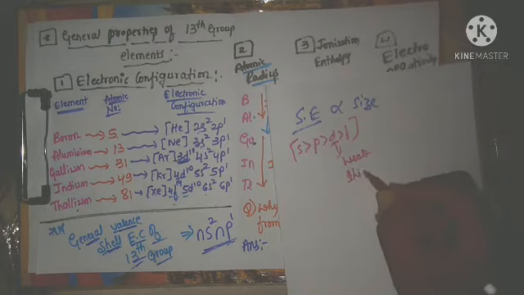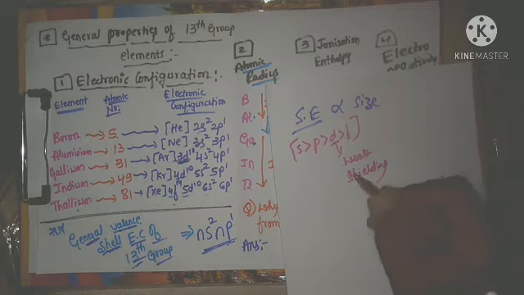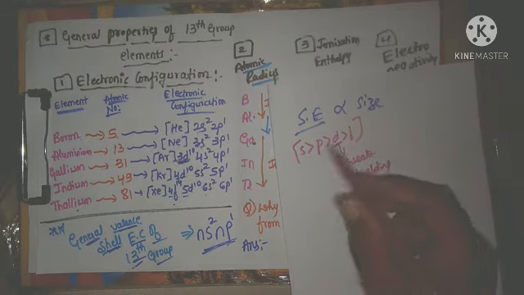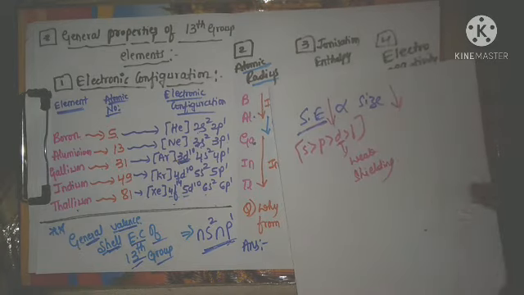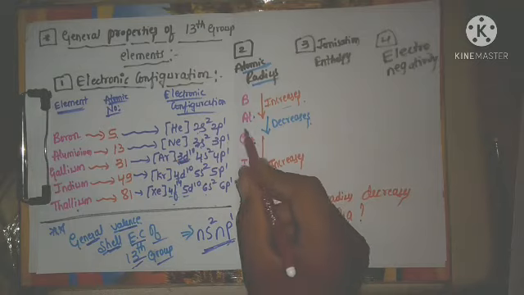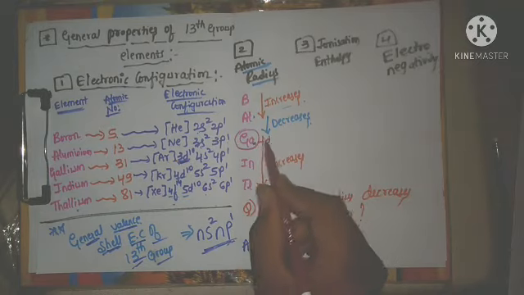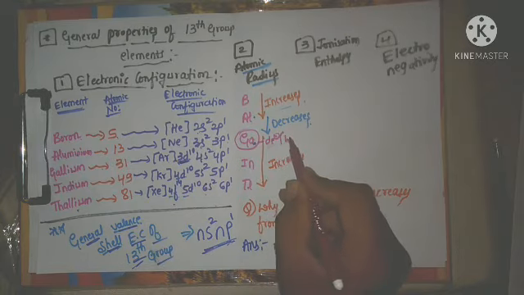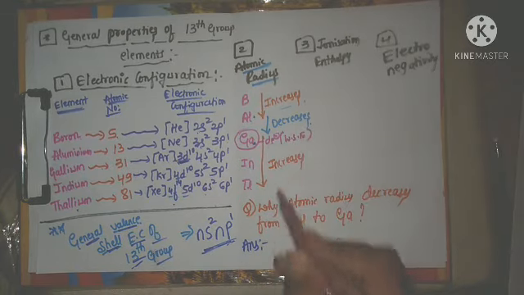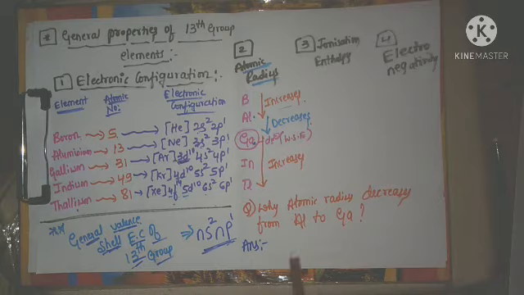Weak shielding effect. S is having strong shielding effect, D is having weak shielding effect. Weak shielding effect means shielding is decreasing, then size also decreases. Therefore, when D electrons are entering in gallium, weak shielding effect, size is decreasing. That is the answer.